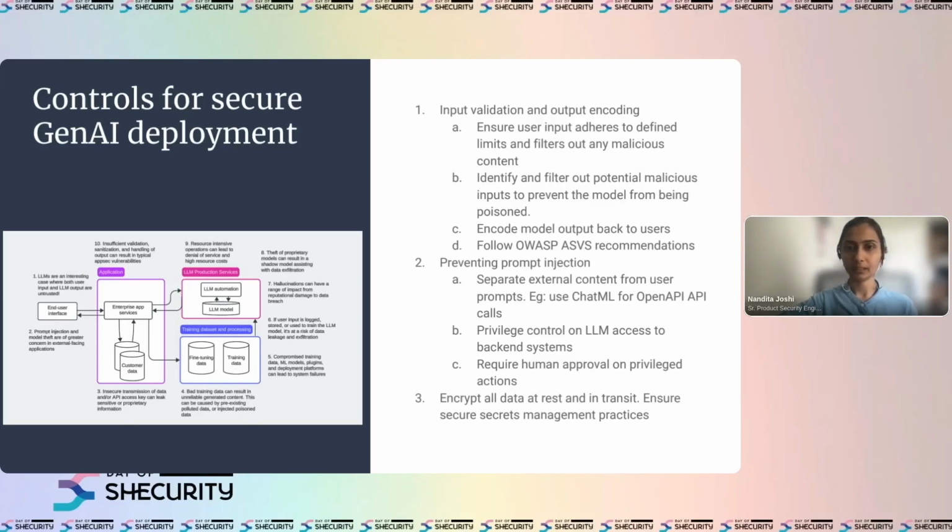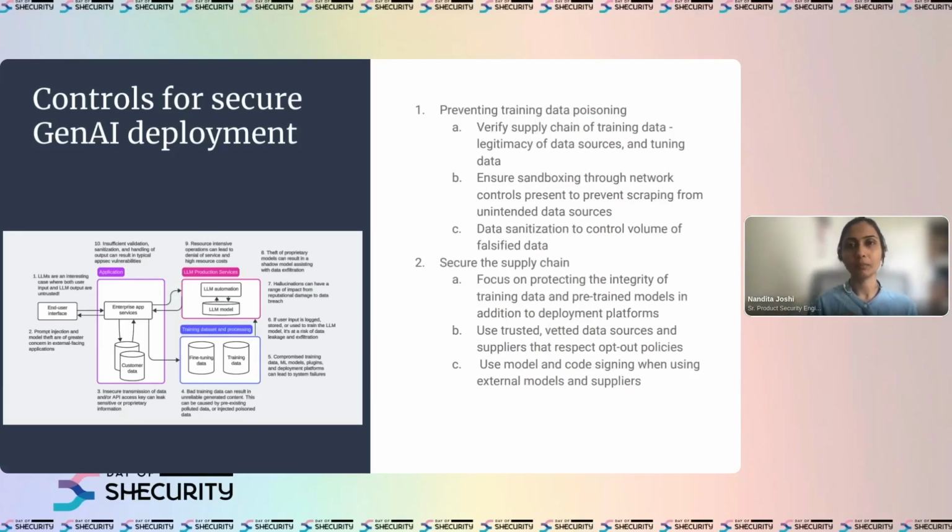Encrypt all data at rest and in transit, and ensure secure secrets management practices. Then, preventing training data poisoning: the whole point of this is to ensure that your fine-tuning data and your testing data are not tampered with. You want to verify the supply chain of this training data and ensure there's sandboxing through network controls to prevent scraping from unintended data sources.